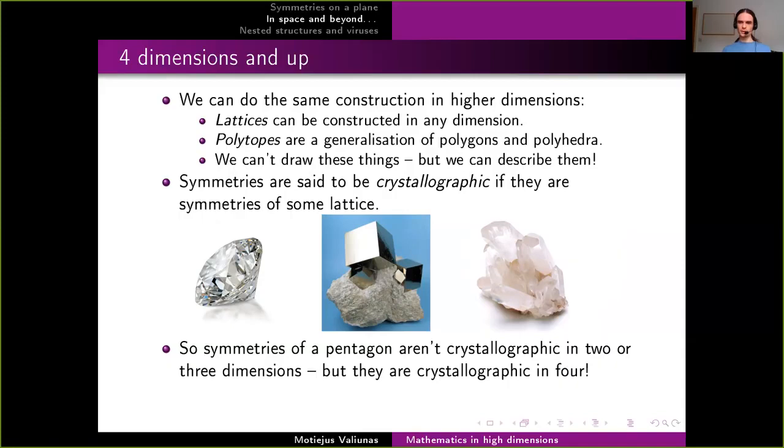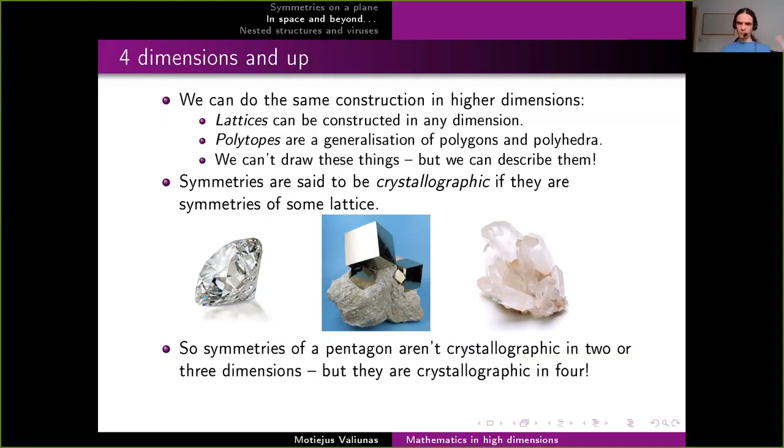But in 4 dimensions, it turns out that if you add a fourth dimension, a fourth axis to your coordinates, then you can have symmetries of the pentagon realized there in some sort of object. Or in the case of the icosahedron, which, as you saw, has not only symmetries of a pentagon, it also has symmetries of a triangle.